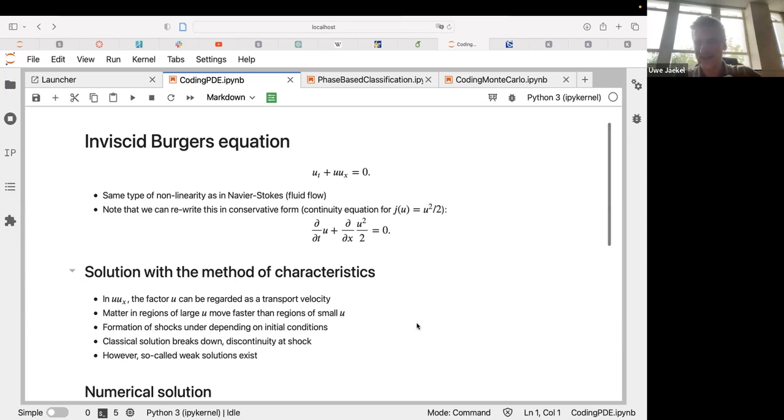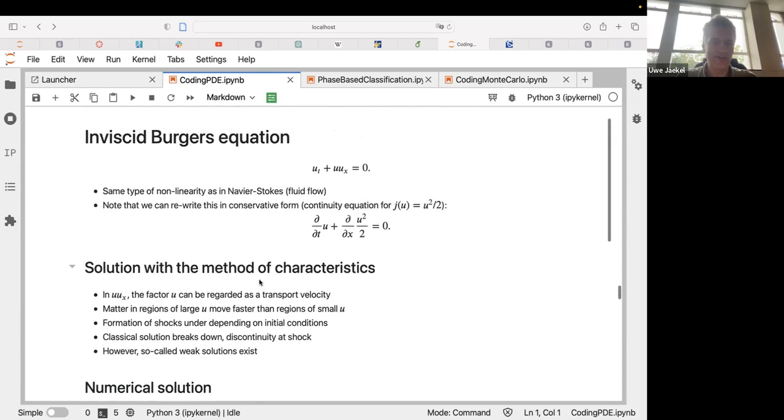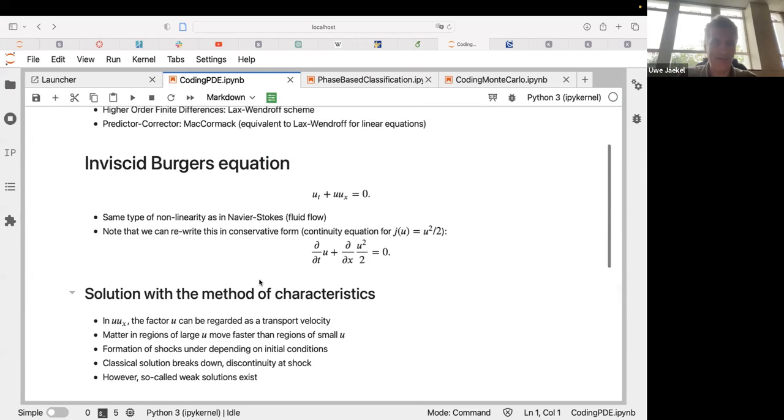If there should be time enough, which I don't expect, maybe we can come back to it in the tutorials and I can explain the same thing with the method of characteristics. But I think we can also get some intuition about what happens using our experience with the transport equation.